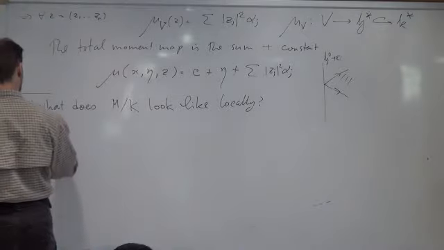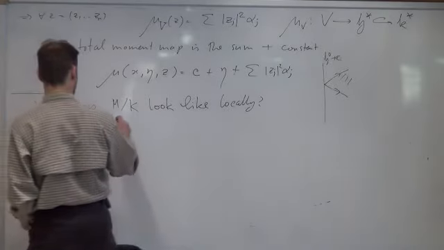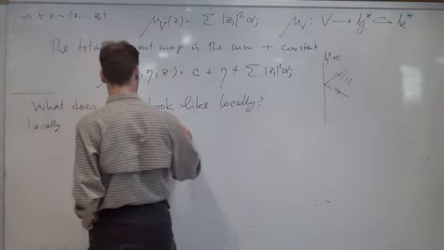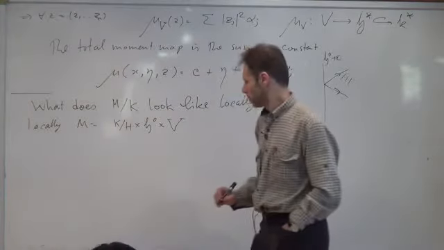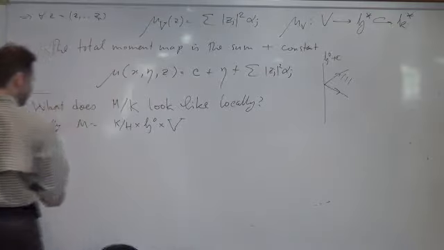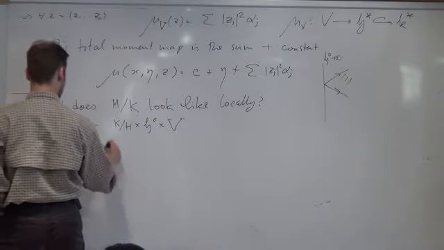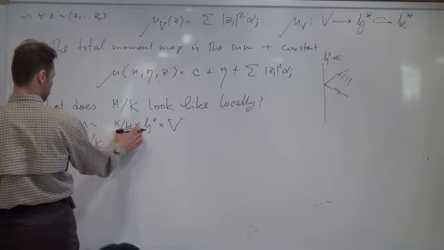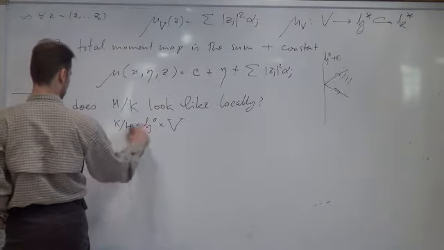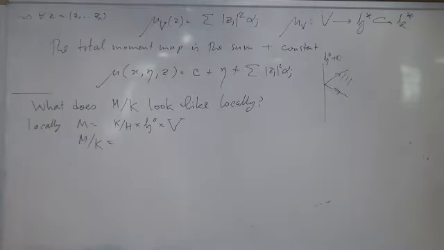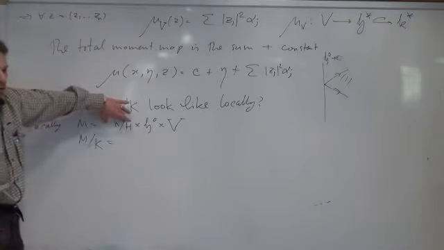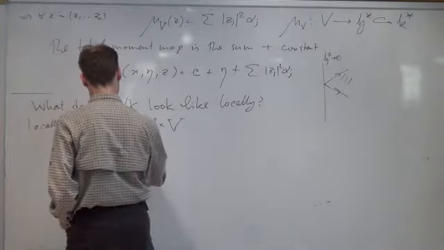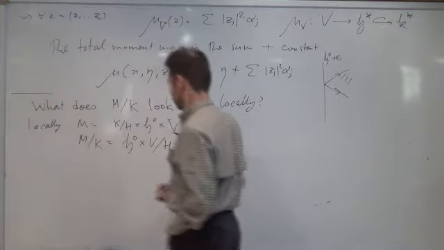Locally, M is K mod H cross H annihilator cross V. So M mod K, remember, I divide as, there is no action in H naught, so that stays. This goes away, that's an orbit. And then there is an action of H on V. It looks like H naught cross V mod H.